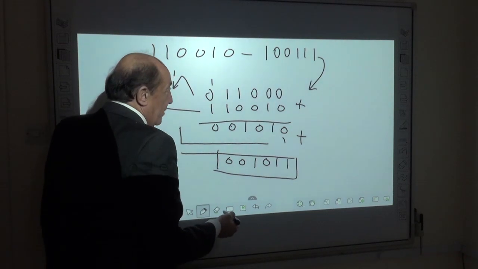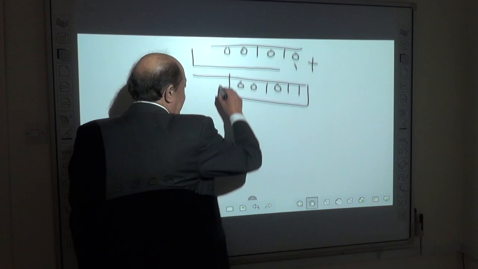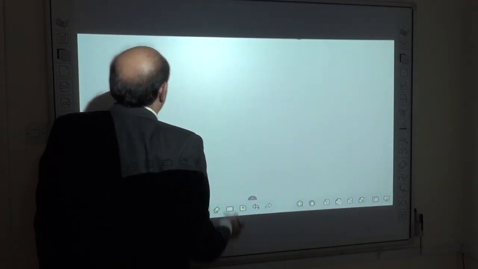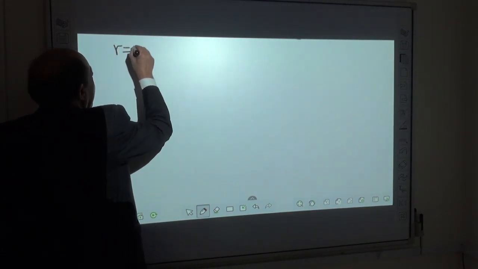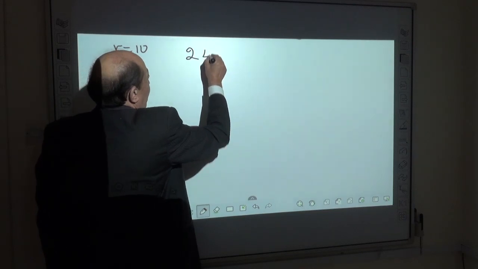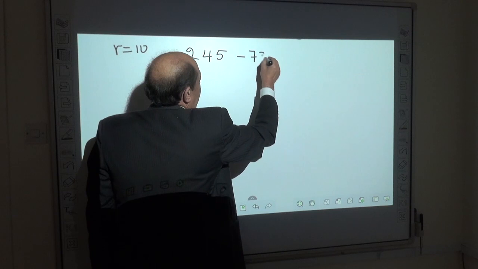Let's take more examples. If the result is negative, for example, we have in decimal r equal 10 again, and we have the number 245. We need to subtract it from 732.